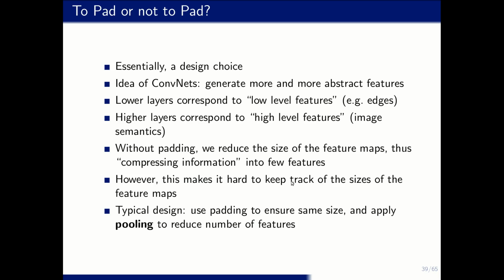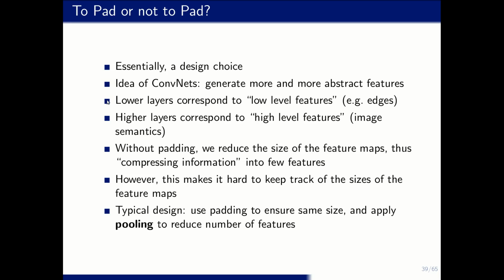Now our key question is, shall we zero pad or not? Essentially this is a design choice. If we don't zero pad, this plays well with the idea of ConvNets, which is to transform your image into more and more abstract feature maps.